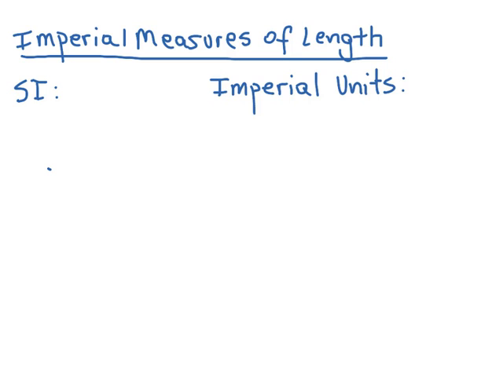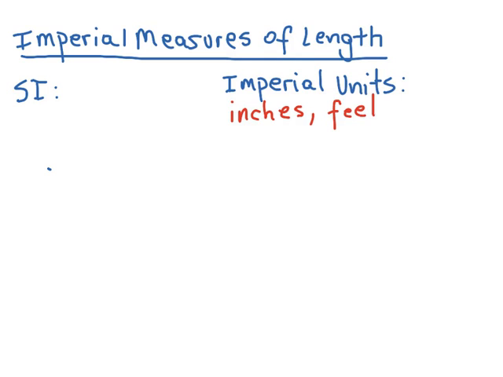The imperial units are measured in inches, feet, yards, as well as miles. While on the other hand, the SI system, or the SI units, are measured specifically in meters.